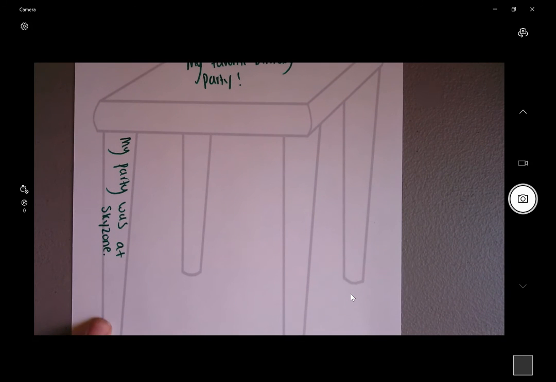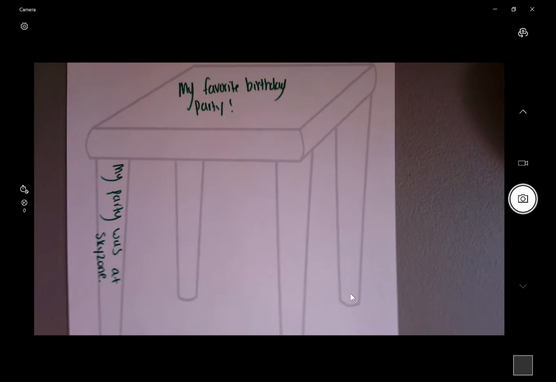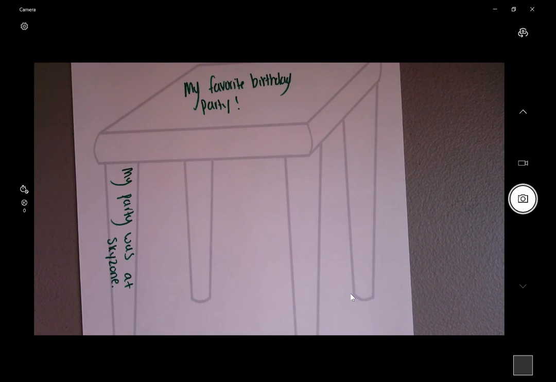But again, if I only had one detail to tell you why this was my favorite birthday party, my table would fall over. Okay? So now we want to think about another detail that makes this birthday party the best one, your favorite one ever. Okay, so what else happened? So we're going to say that we had a best friend come who is from out of town.